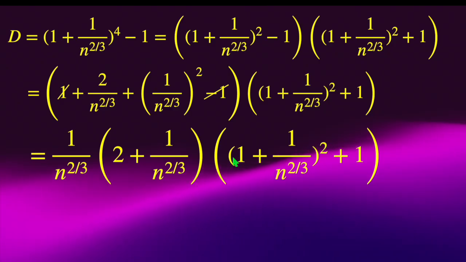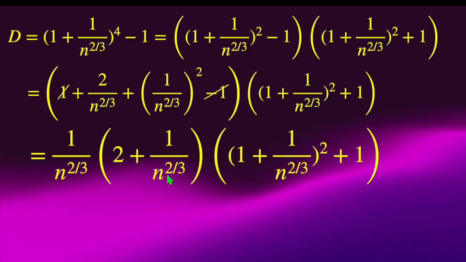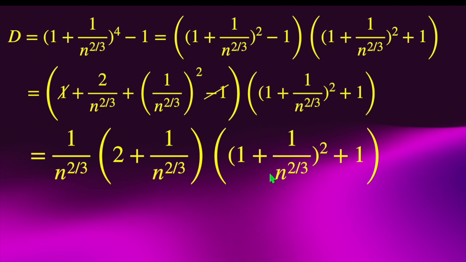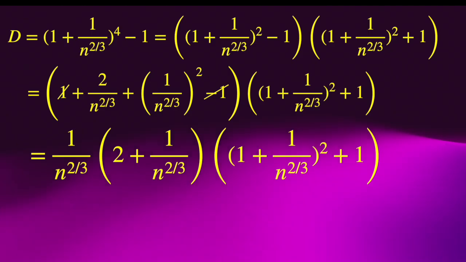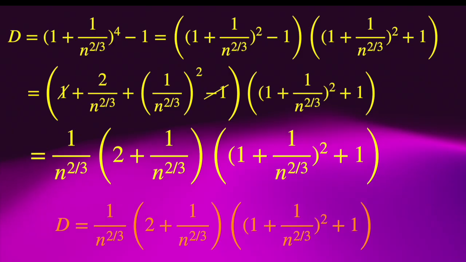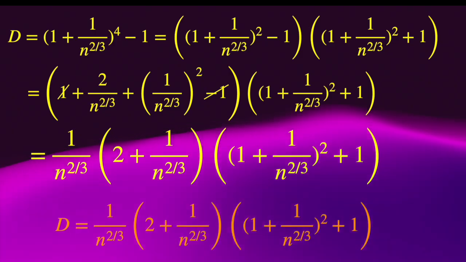This one goes to 2 when n goes to infinity, and this one goes to 2 also when n goes to infinity. So we need to leave this quantity in this form. Now we are done with the denominator.